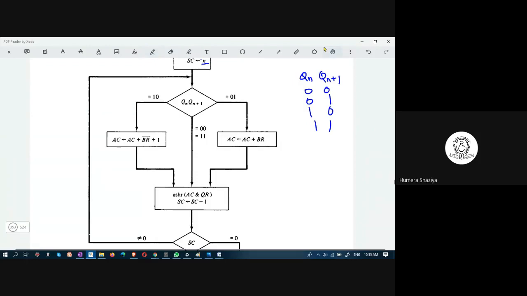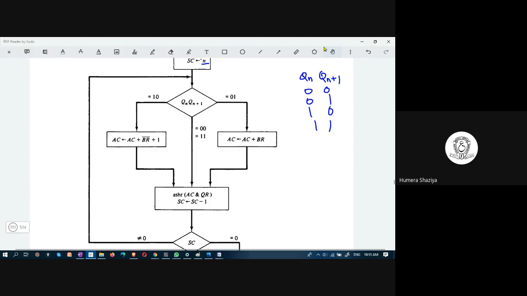When they are 0, 0 or 1, 1, means there is no change between the next bit and the present bit. Only shift operation and decrement has to be performed. If there is a change, QN plus 1 means the bit which is going out, and the present bit, if it is 0, 1 or if it is 1, 0, here either addition or subtraction is performed.